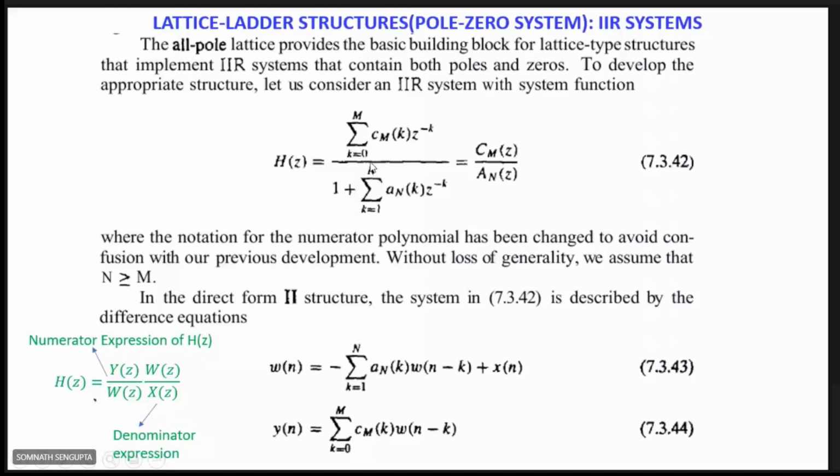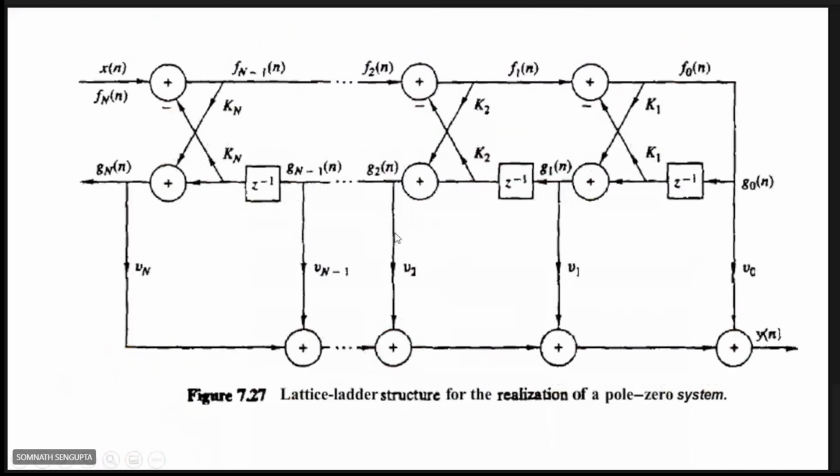It is representing an all pole system, and it is a lattice structure we can implement over there. Here we write this way, that signal flow goes from output to input. In the forward, upper path, the signal flow direction is forward, but in the reverse path, signal direction is backward.